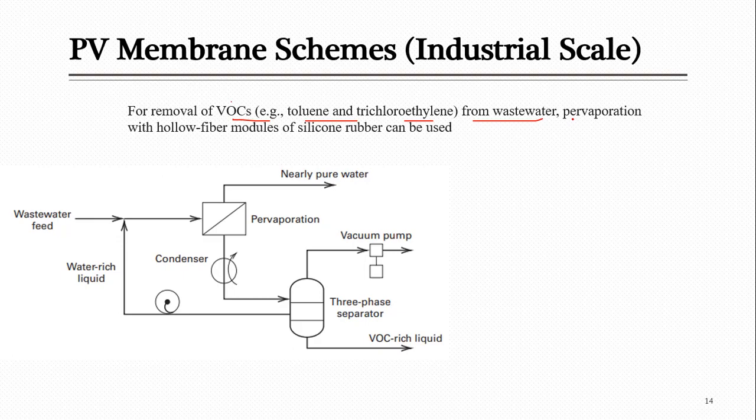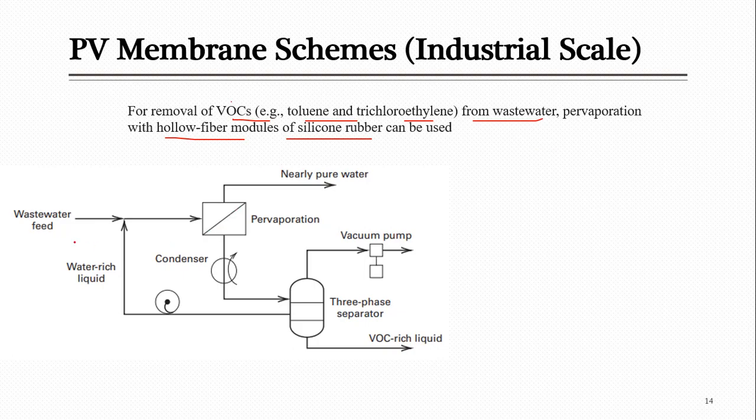From wastewater, this is done by pervaporation with a hollow fiber module of silicon rubber. If you remember from a few slides back, when you want organic chemicals to pass through the membrane, you use a membrane like rubber or Teflon. So this will be a hydrophobic membrane.